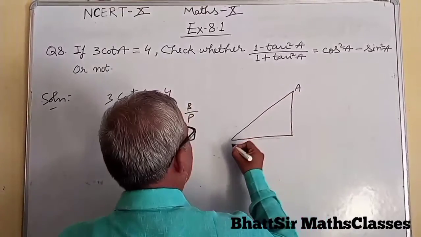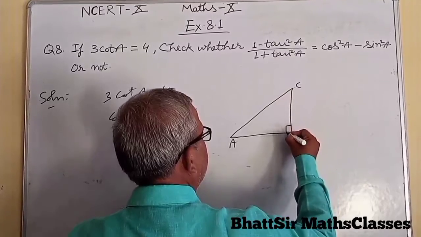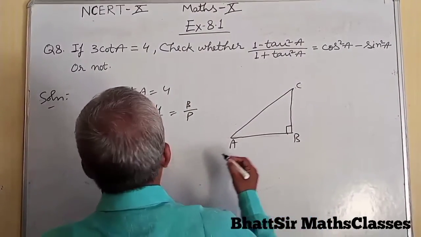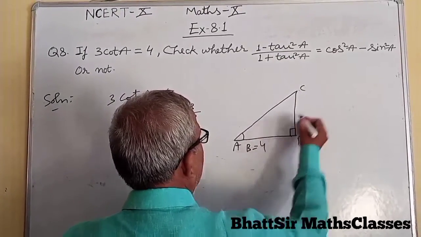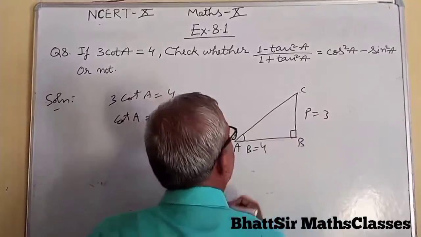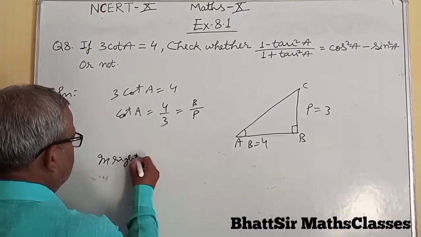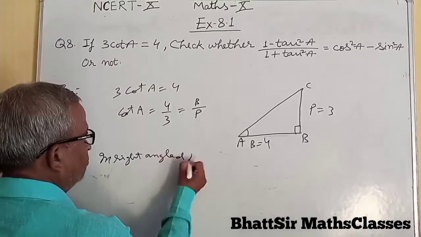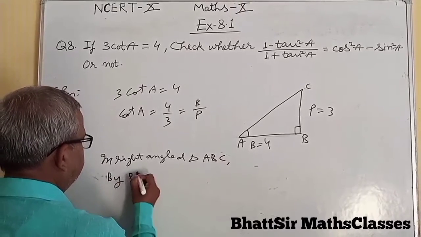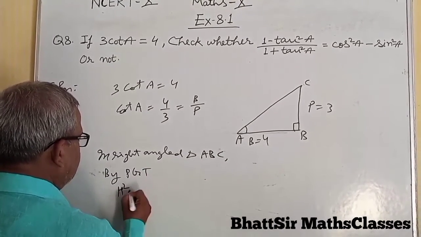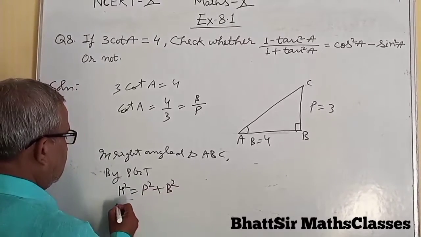A, B, C, in which angle B is 90 degree, base equal to 4 and perpendicular equal to 3. In right angle triangle ABC, by PGT, H square equal to P square plus B square.